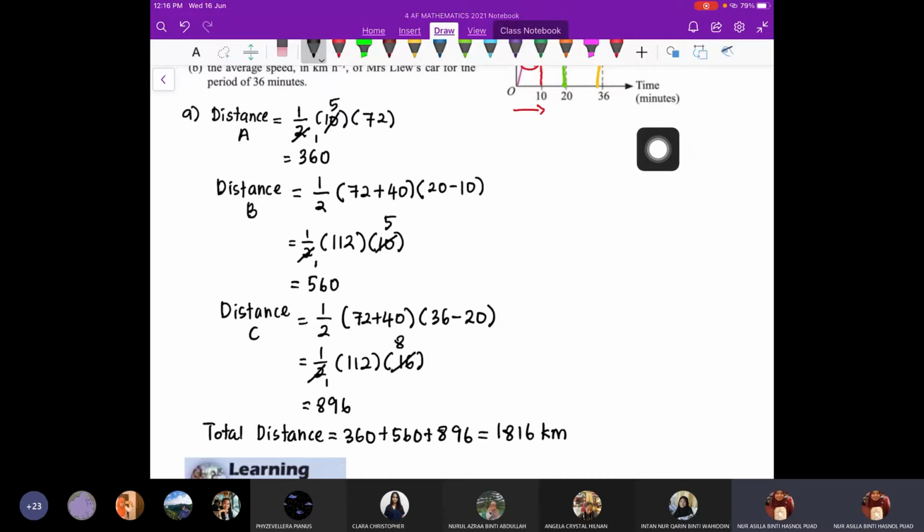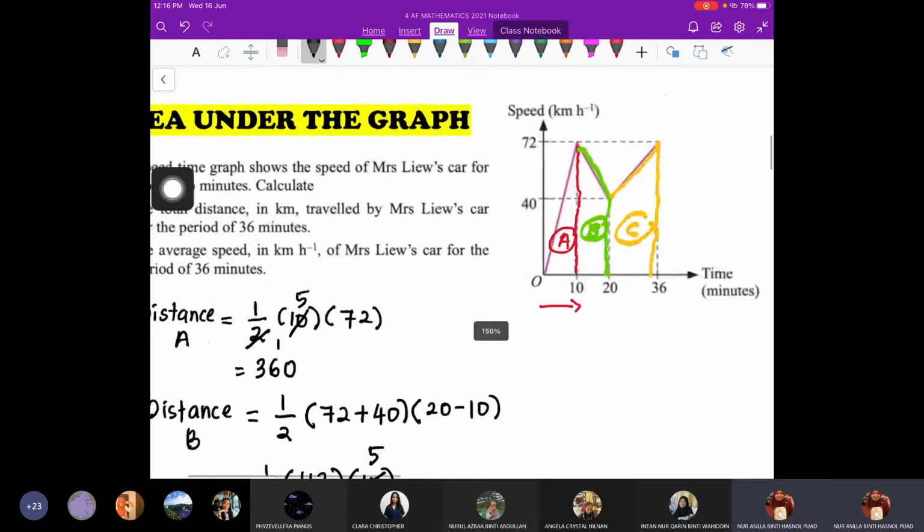Okay, it used to be like that. Kamu wajib buat macam tu. Baru dapat satu markah. Bukan 3 markah. Satu baris, satu markah. Okay. So if you are familiar, rasa kamu dah familiar dengan jalan kerja macam ni, you can advance and make it into one line. Okay. So that is what you have to work on.